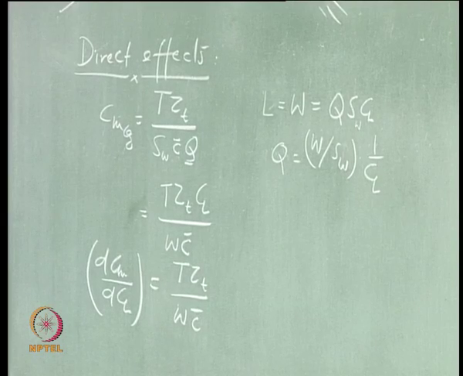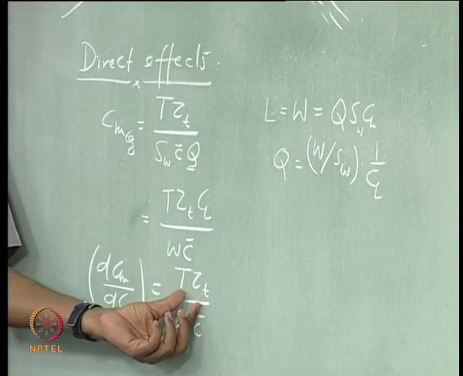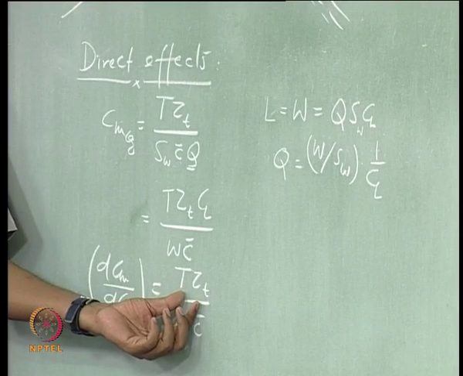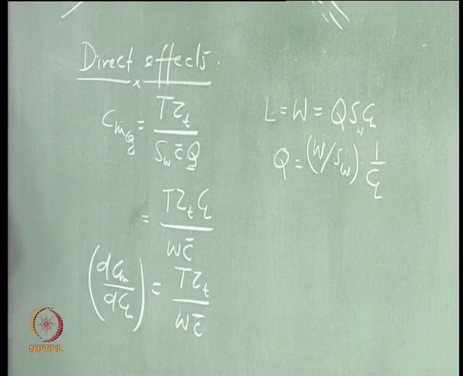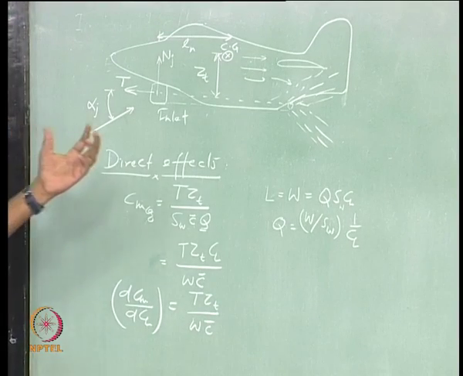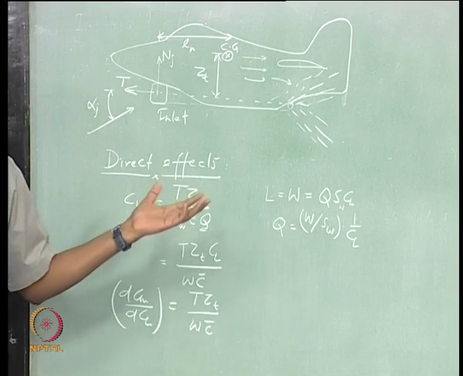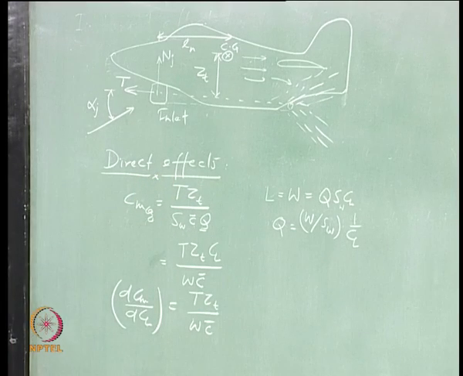So as long as this distance is negative, you can get stability in pitch, if this ZT is negative.